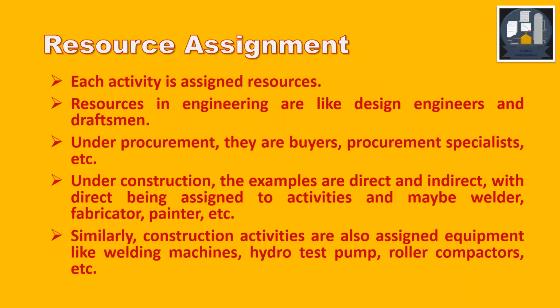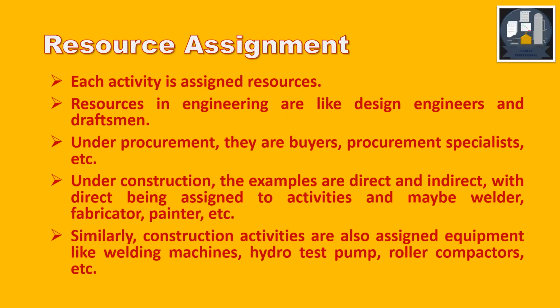Resource assignment. Each activity is assigned resources. Resources in engineering are like design engineers, draftsmen, etc. Under procurement, they are buyer, procurement specialist, purchaser, etc. Under construction, the examples are direct and indirect.